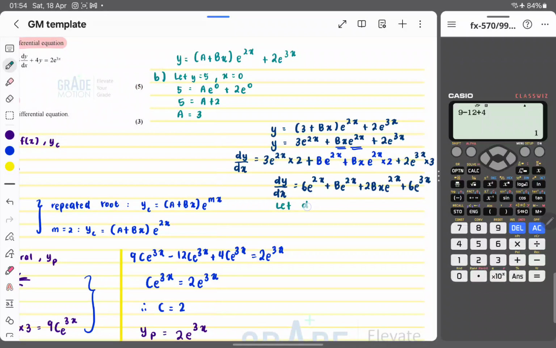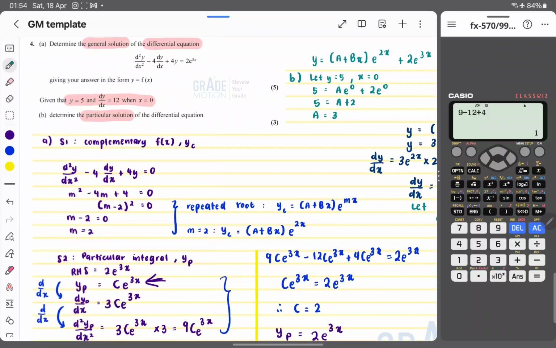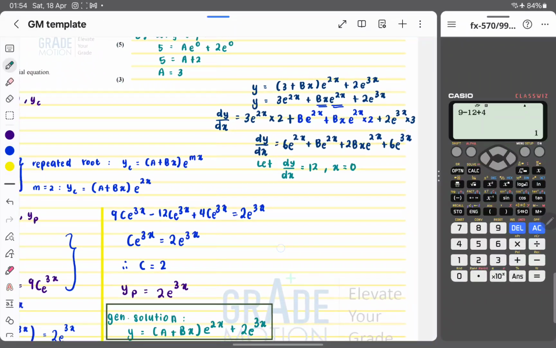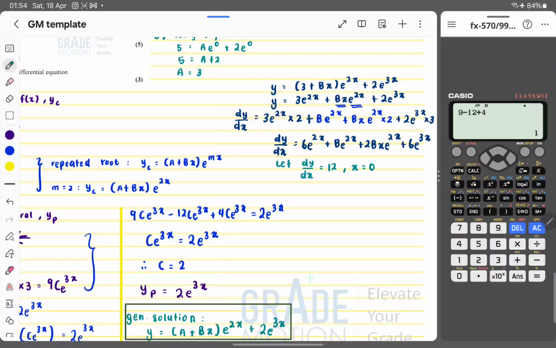Let dy/dx equal, what is it? 12. And x equal to 0. Okay. So we know that it will be 12 equal to 6e to the power of 0 plus b e to the power of 0 plus this one will just be 0 because you have x there.